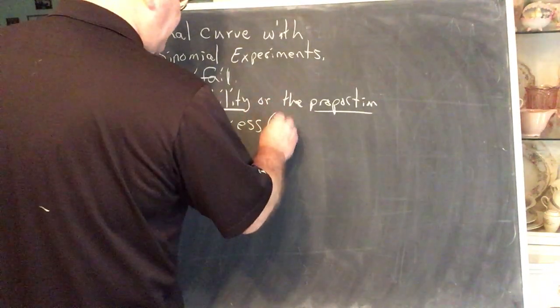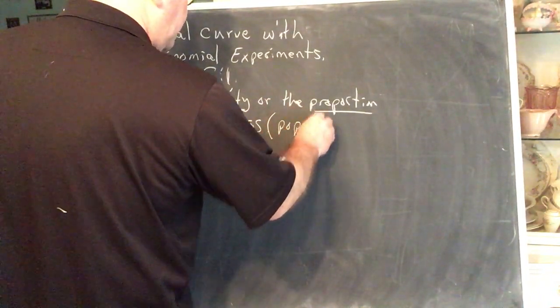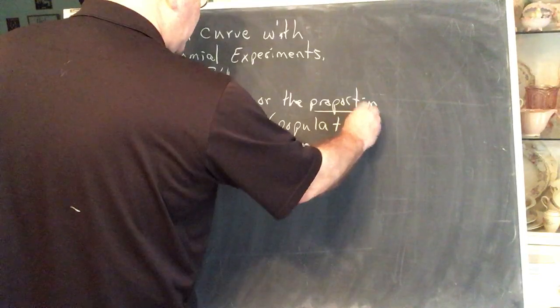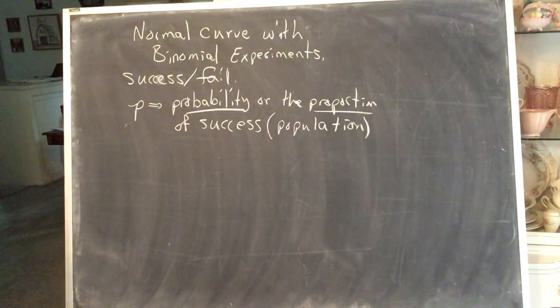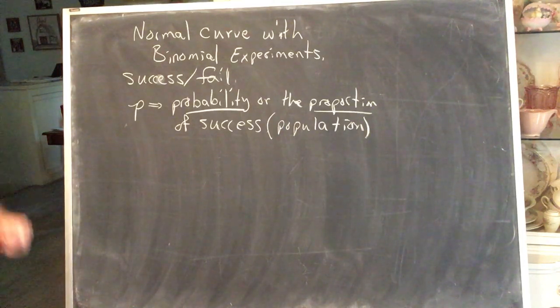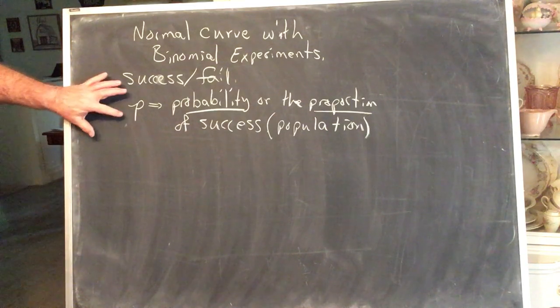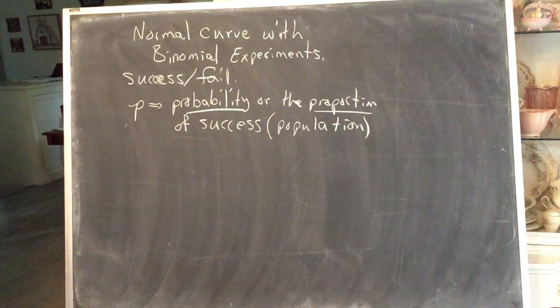And remember, this is for the population. So if 75% of a population has a certain quality, and we define that quality as success, then in that case P would be 0.75.